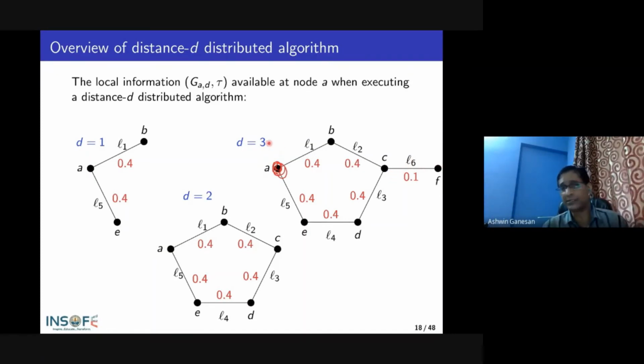And a distance 3 distributed algorithm at node A would actually know about the entire graph, the entire global topology, because the value of D chosen is 3, and that's the diameter of the network. So every node will execute a distance D distributed algorithm. And if every node executes a distance D distributed algorithm, and D happens to be less than the diameter, it turns out that you can still say some very interesting things. And that's what we'll talk about next.